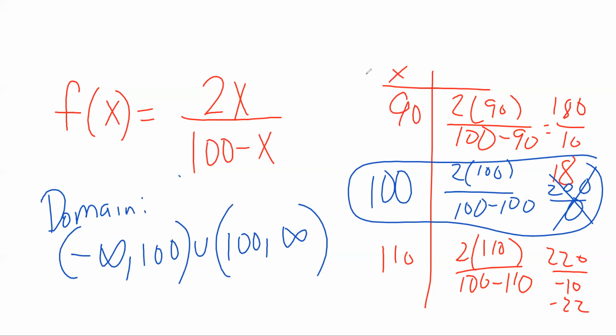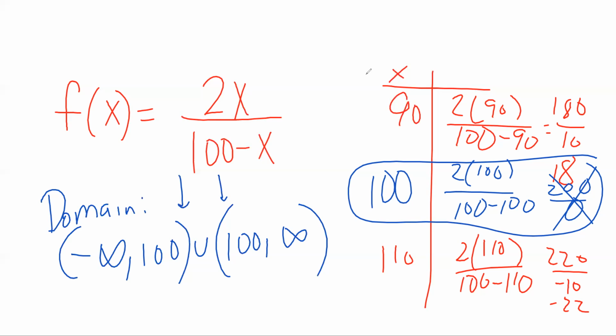The parentheses here mean you don't include 100 in the domain. So the domain of this function is all x as long as x isn't 100, or everything less than 100 union with everything more than 100. Now that's one example.